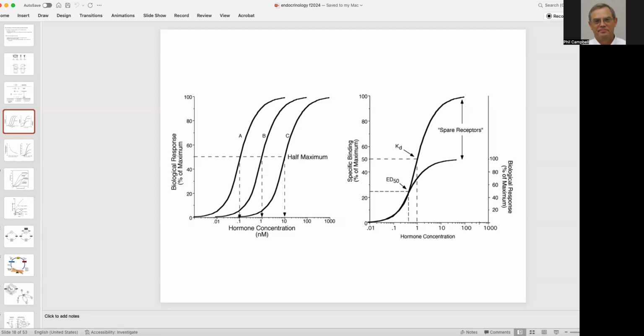All right. Now, what you see here is interesting. Because what we're watching here is that basically we have three curves, and B, let's say, is our normal native response. Now I'm going to engineer this hormone.